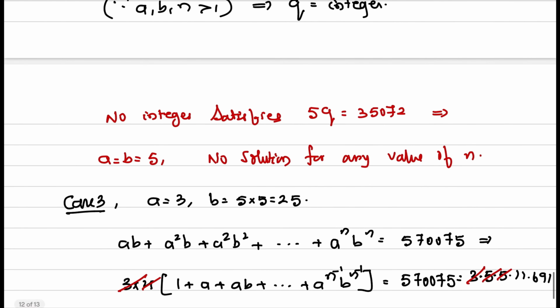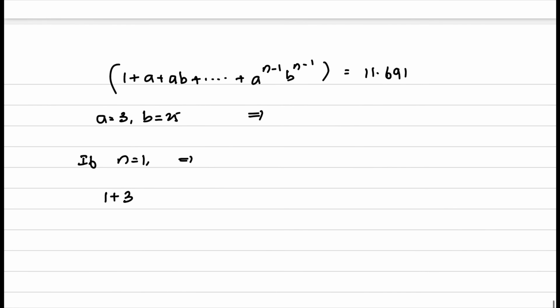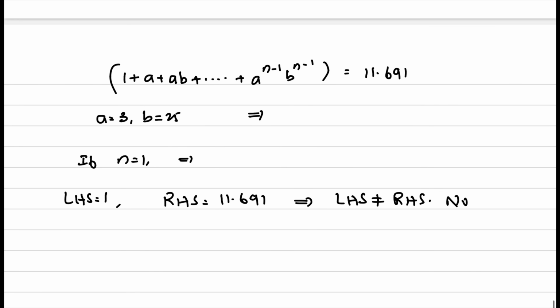When n is equal to 1, it will be AB only. AB is divided already 1. This is the left hand side. What is right hand side? 11 into 691, which implies left hand side is not equal to right hand side. No solution for n is equal to 1.